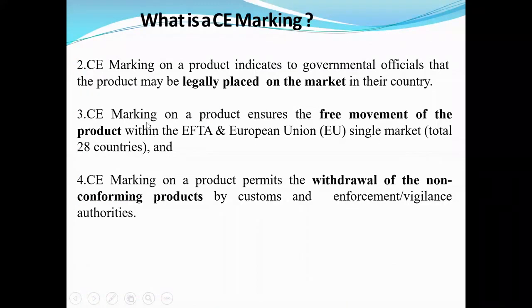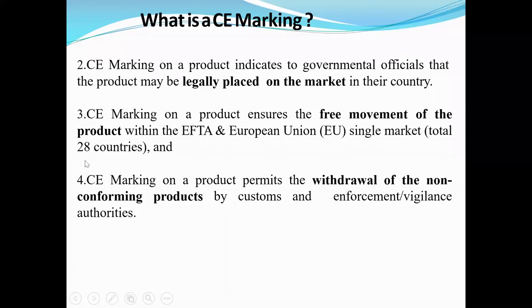So what is the CE mark? CE marking on a product indicates to governmental officials that the product may be legally placed on the market in their country. CE marking on a product ensures the free movement of the product within the EFTA and European Union. EFTA is the European Free Trade Association, and the European Union single market.